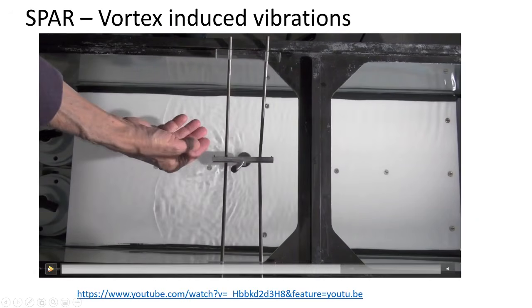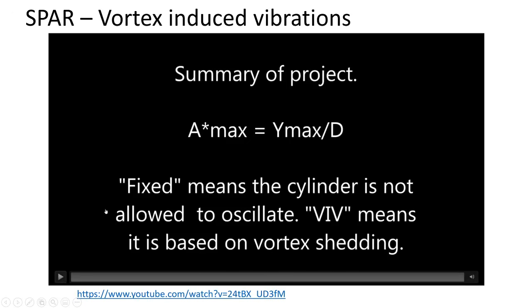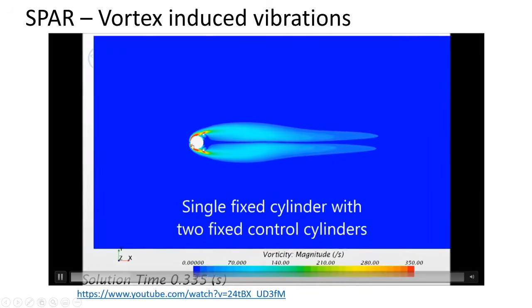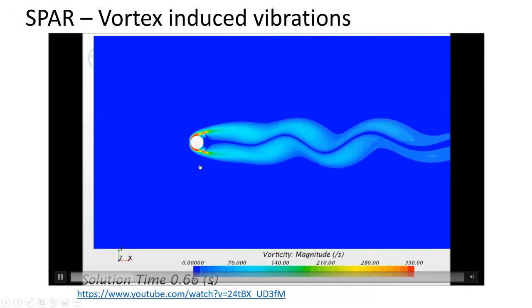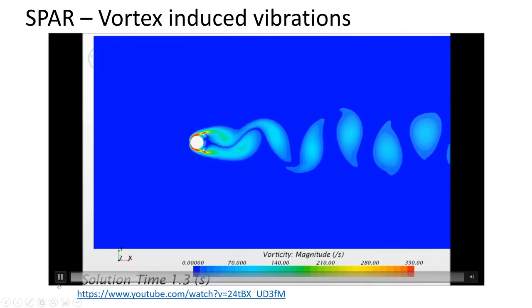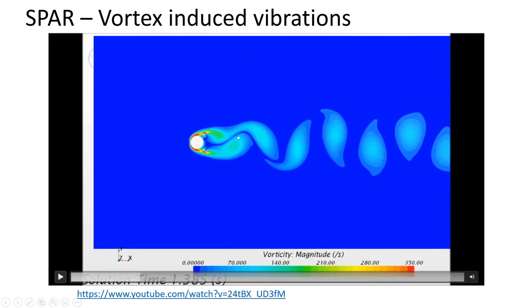So this is a big concern in spars. For that, in that case, let's see this one. You see here the detachment point is fixed, but then you start to have this oscillation, and these are also called von Karman streaks. Okay, that has the name of von Karman.